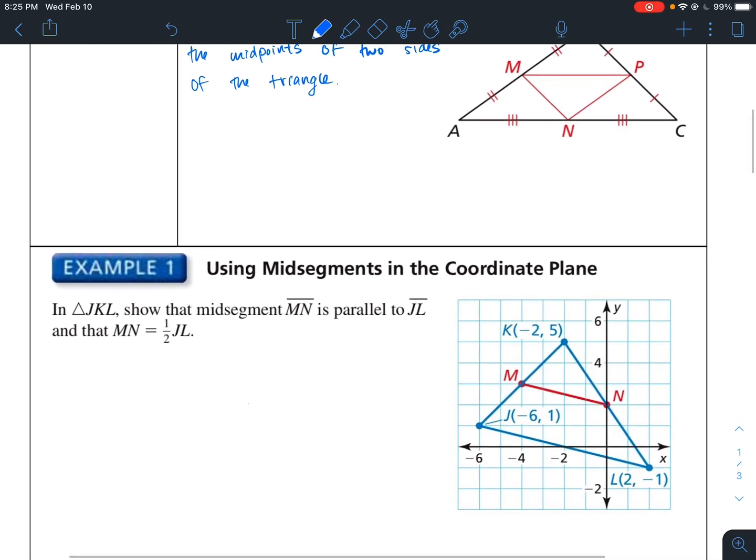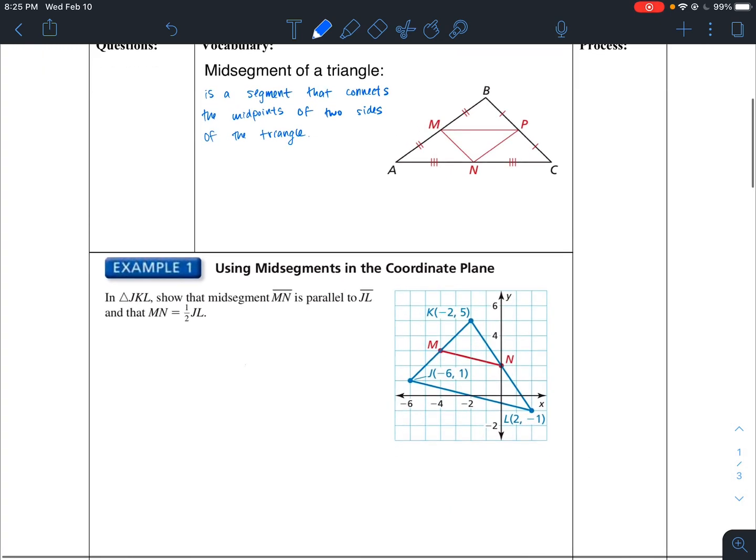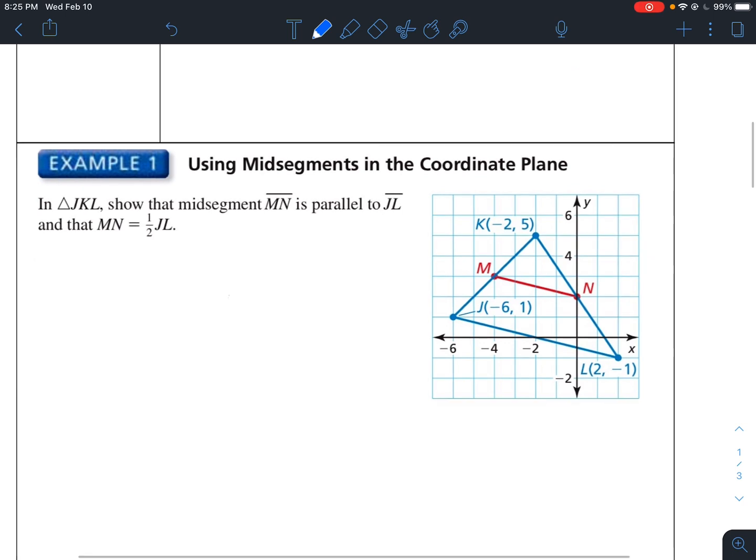We'll learn about this in just a bit, but in this example, triangle JKL. So here is point J, as you can see. So point J, K, and L. Okay. So in the triangle, show that the mid-segment MN, so here's a mid-segment, connecting the midpoint of this line and the midpoint of this line together.